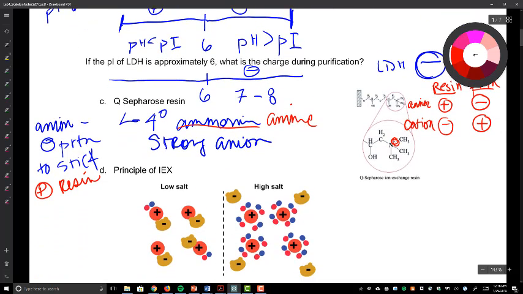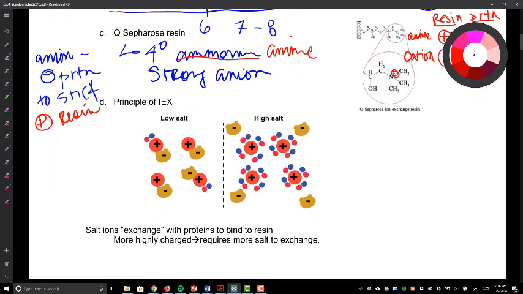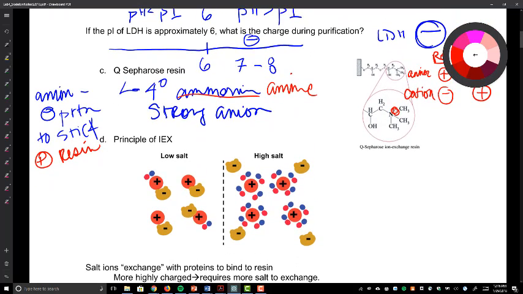So how does IEX work in principle? At a low salt concentration, let's say we have our positive balls here, which are the resin beads, and the negatively charged guys there are the protein of interest.